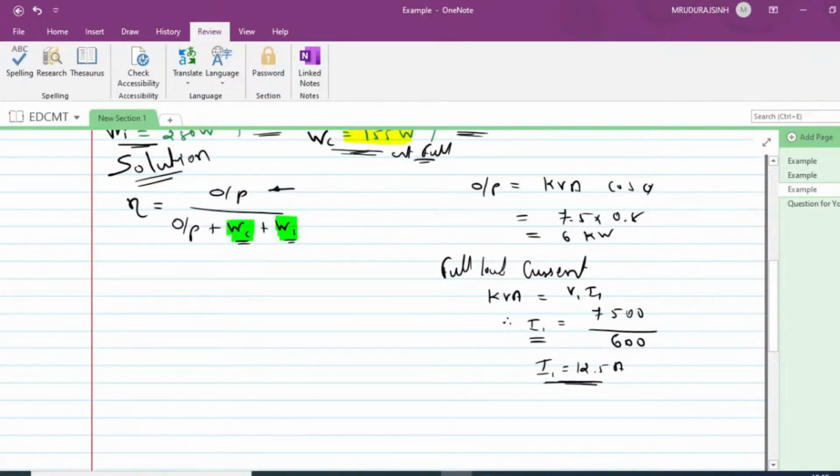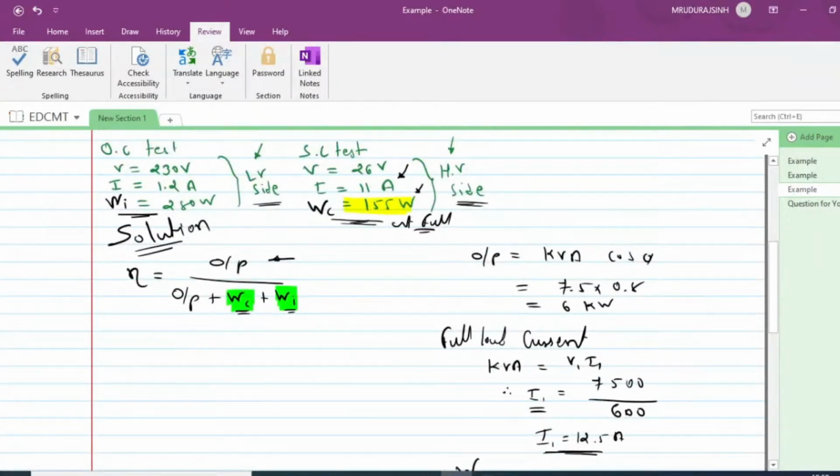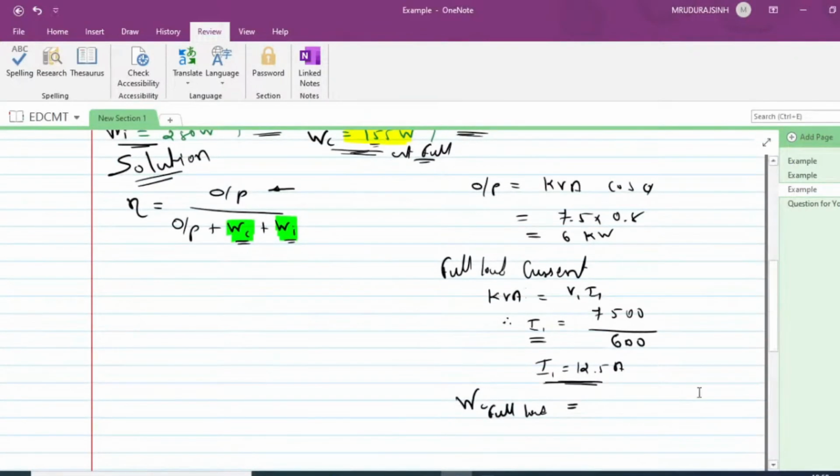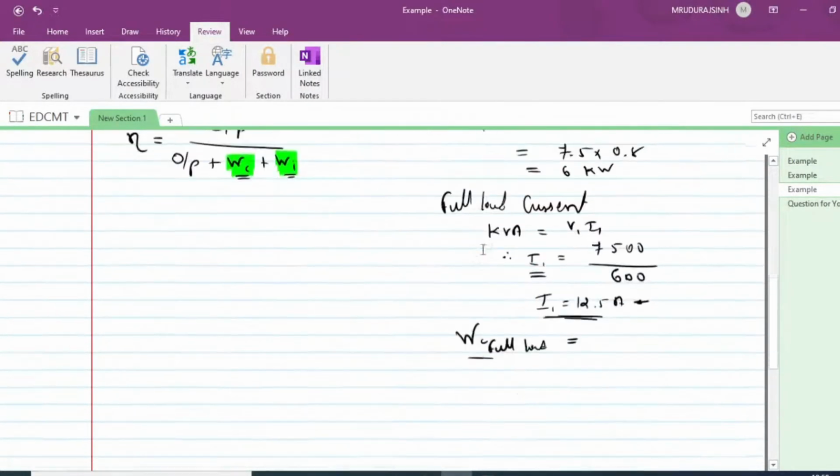So now we need to find first the full load copper loss, WC full load. And what is the equation to calculate full load copper loss? It's the ratio of the amount of current at which we need to calculate the copper loss, and the amount of current which is given to us.